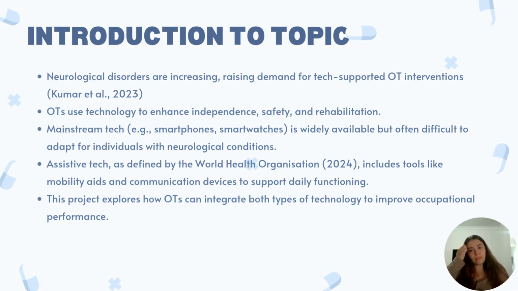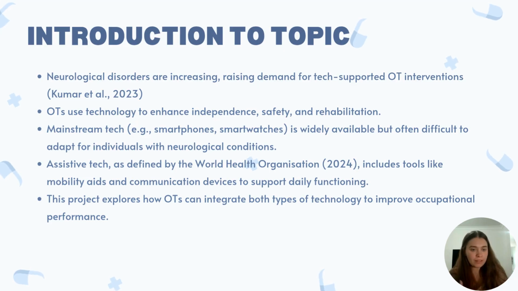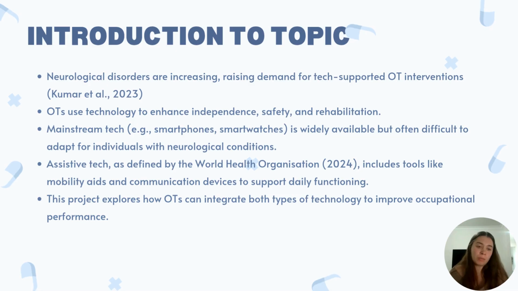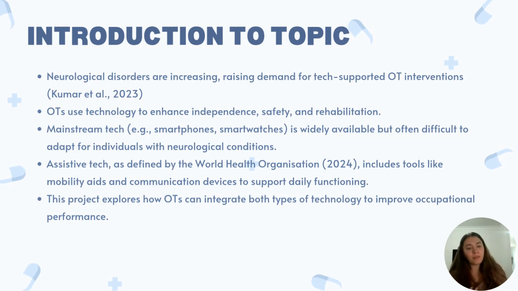And when we discuss mainstream technology, we're talking about things like smartphones, smartwatches, iPads, tablets, things that are often widely available to the general public, but can be a little bit difficult to adapt for individuals who have these neurological conditions.